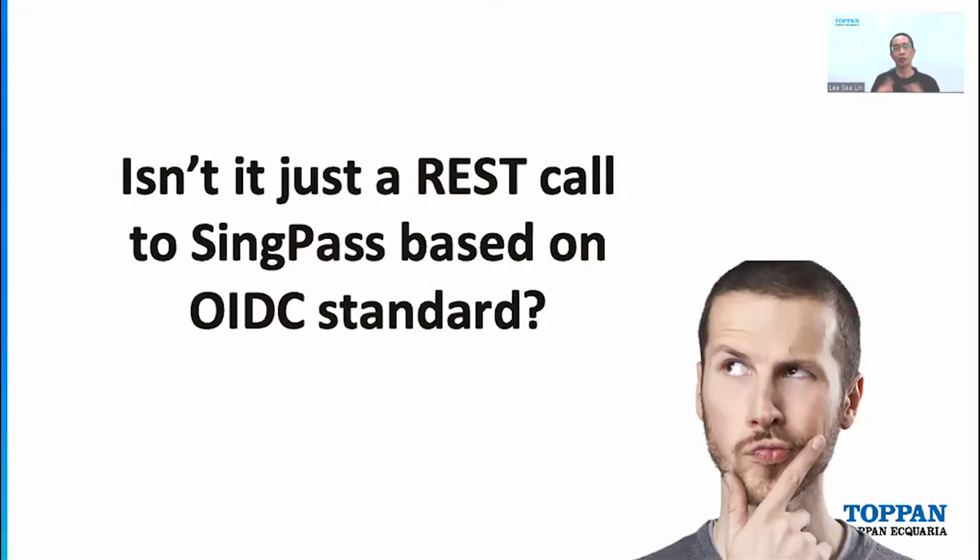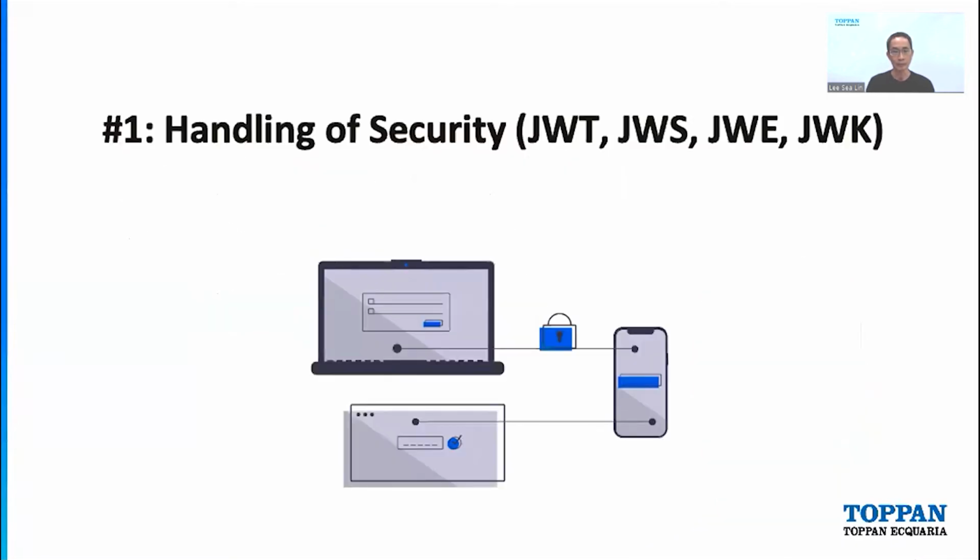But here I would like to highlight three things to consider while you are planning the migration from SAML to OIDC. First off, the handling of security. At the end of the day, OIDC is a protocol used for authentication purposes, so it's no wonder that cryptography is involved.